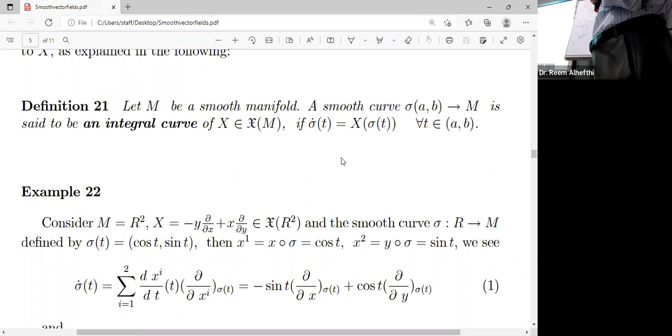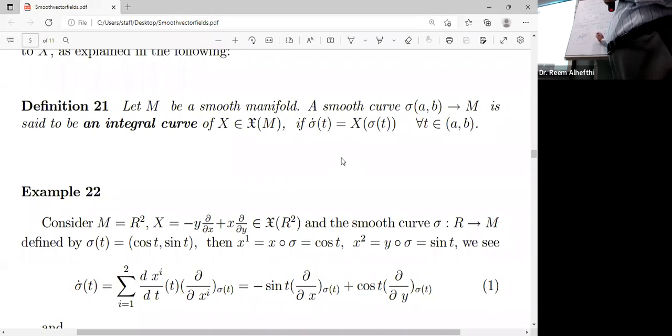If this turns out to be the tangent vector of that curve for all t, that is, the vector field restricted to, because the vector field is defined globally everywhere on M, therefore it is defined along the curve.